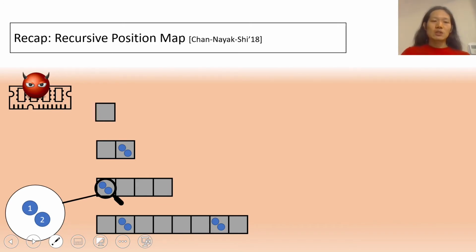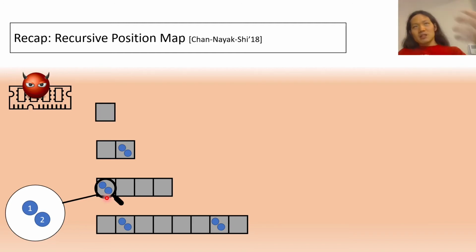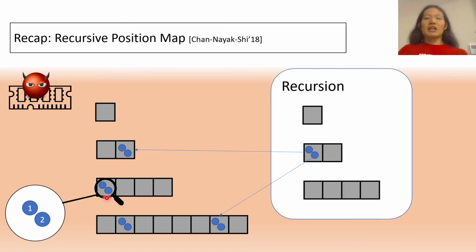The technique goes as follows. We group every two elements into one block. Then we permute the blocks in the hierarchy as previously. Now we just need to remember half the number of locations of these blocks. Because the problem size, the number of locations, is reduced by a factor of 2, we can store them recursively in another perfect ORAM.